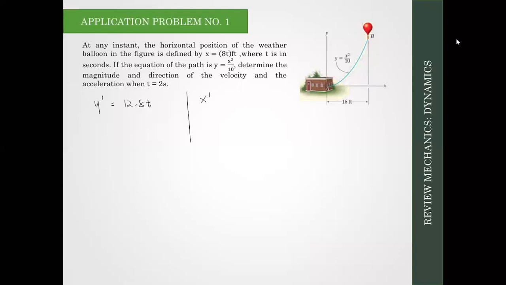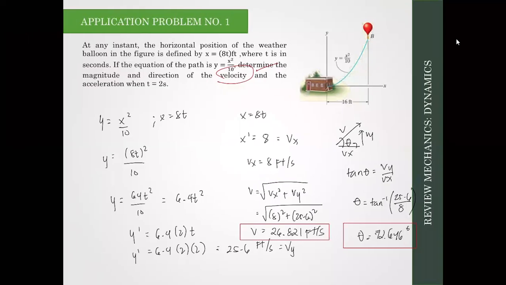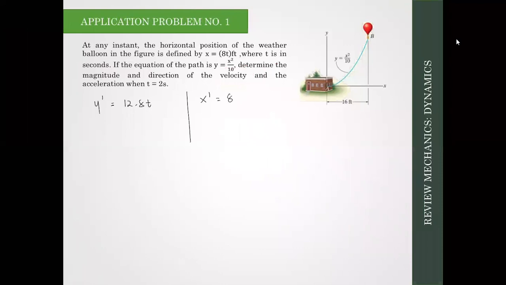And sa x prime, equals tayo sa 80, no? So for acceleration, kunin lang natin yung second derivative niya. So y double prime, 12.8. So ibig sabihin ito yung equal sa ay natin. And then ito, second derivative niya, since constant, that will be 0. Equals yun doon sa ax natin.